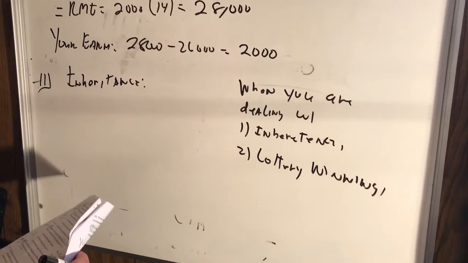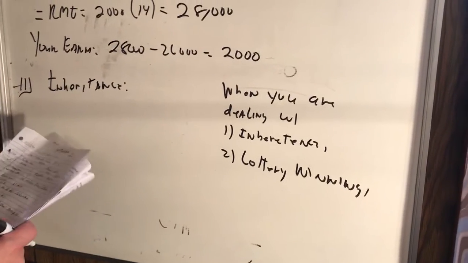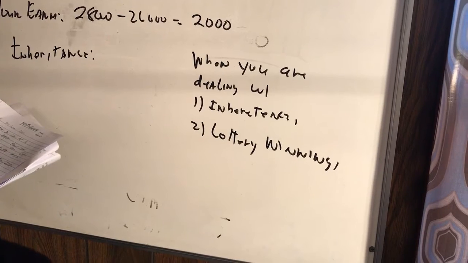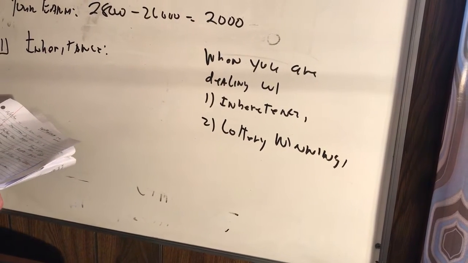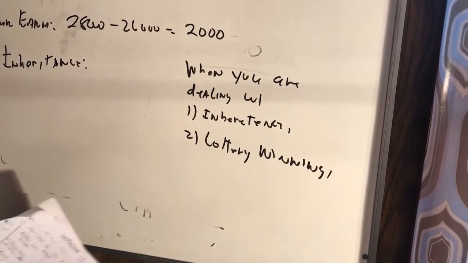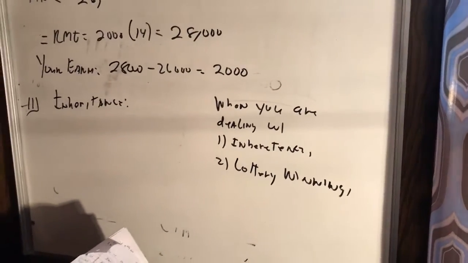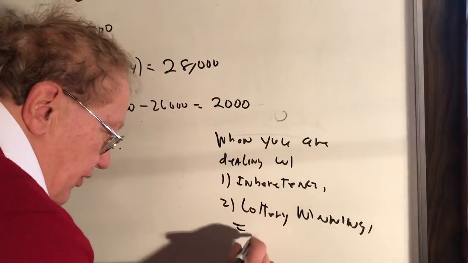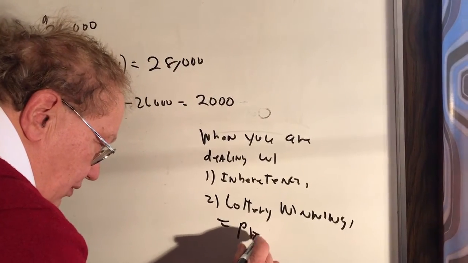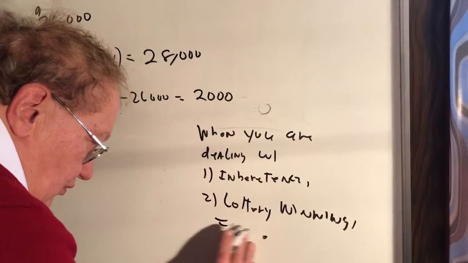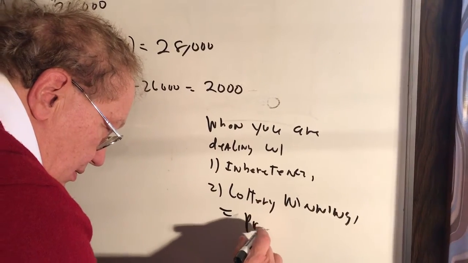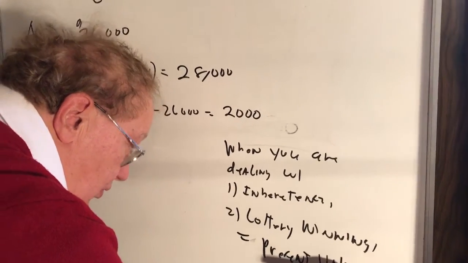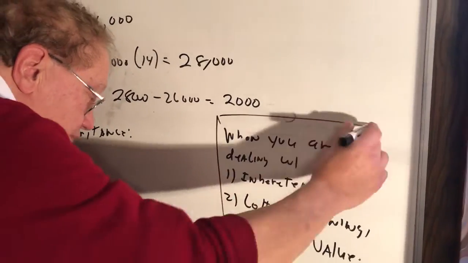There's another one here that I put down. But basically, inheritances, lottery winnings, you're always dealing with present values. Almost 90% of the time. So that's a hint for you.